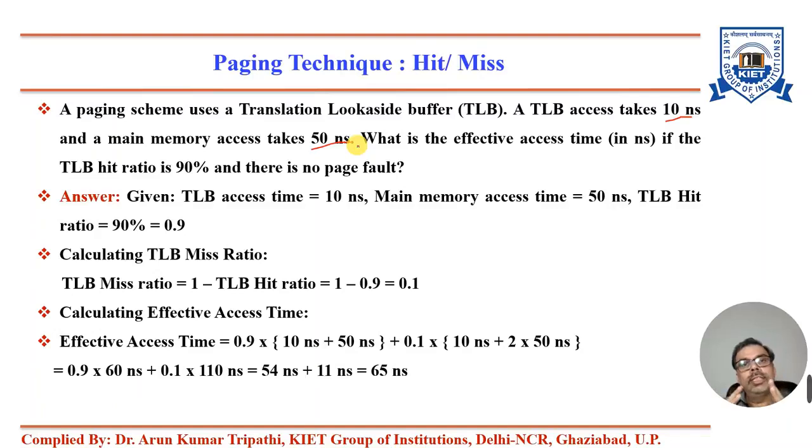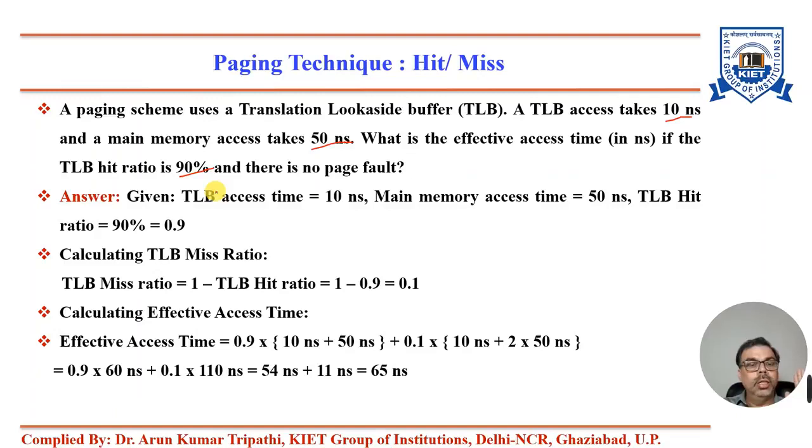Or we can say that if the data is found in the TLB, searching for the corresponding frame number is also 50 nanoseconds. The hit ratio is 90%, which means there is a 90% chance the data will be found in the TLB, and 10% it is not found in the TLB.